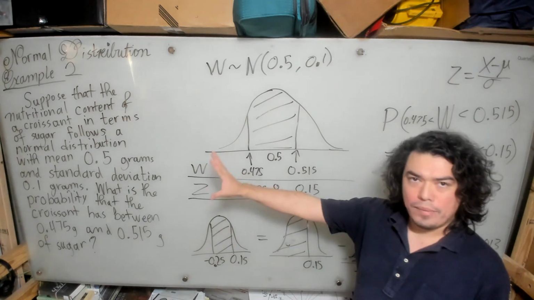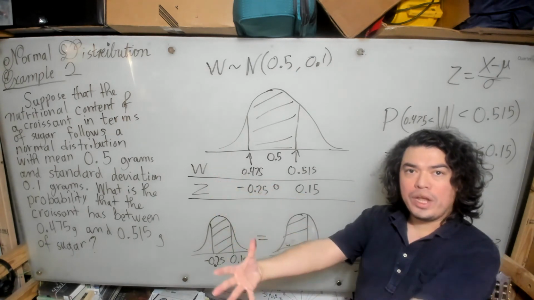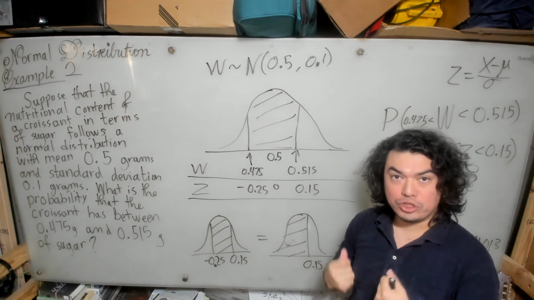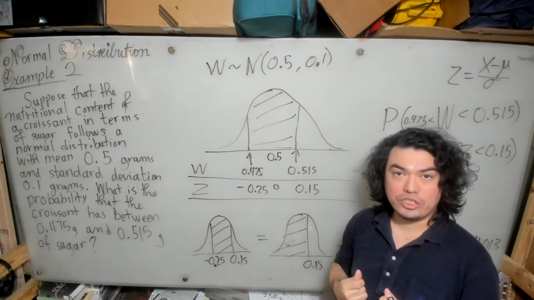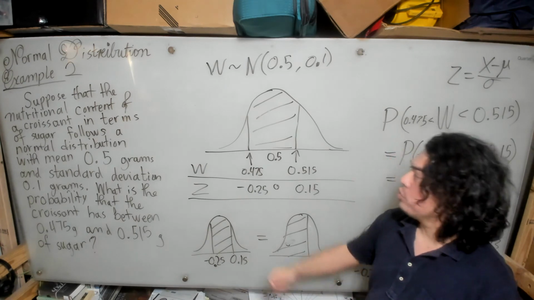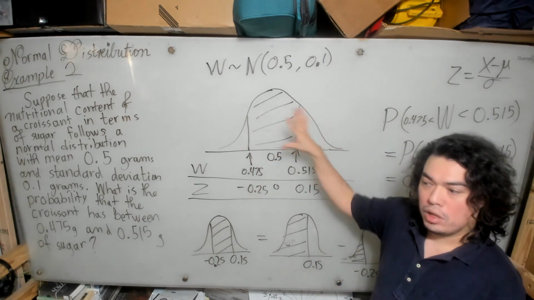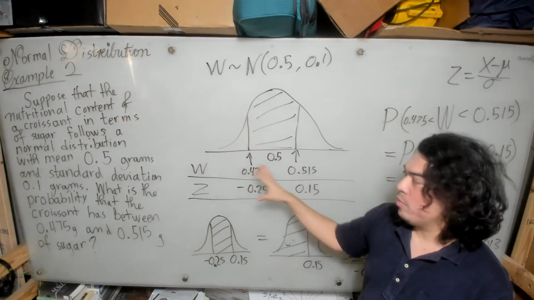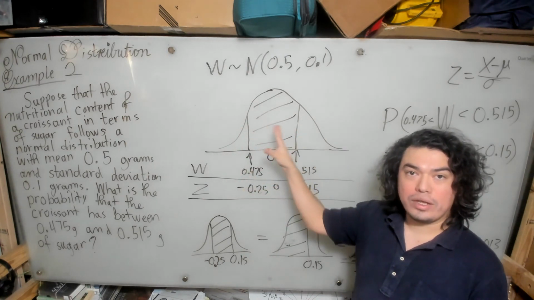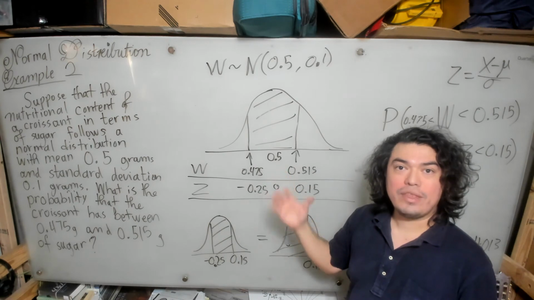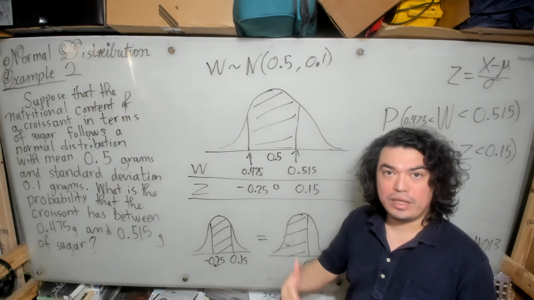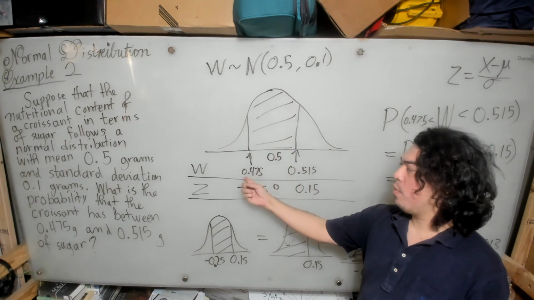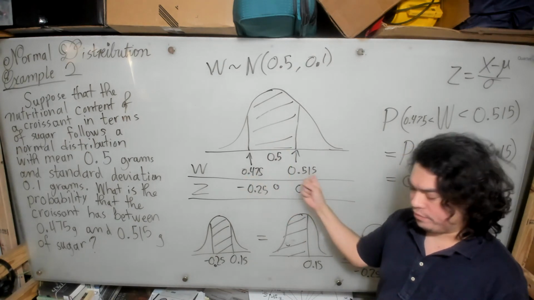And again, let's recap how we did that. We looked at our problem statement. We took the values of the normal distribution, the mean and the standard deviation, and the value of interest, and we used that to draw a figure of the normal distribution of interest to us. And we labeled its values, and we shaded the part that corresponds to the area under the curve that characterizes the probability that we're interested in. In this case, the area between these two boundaries, the 0.475 and the 0.515.